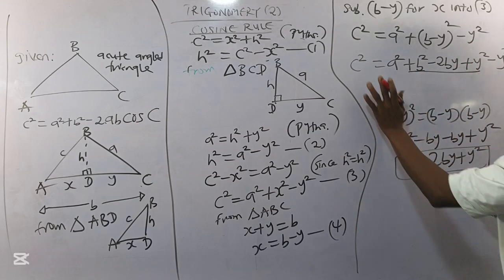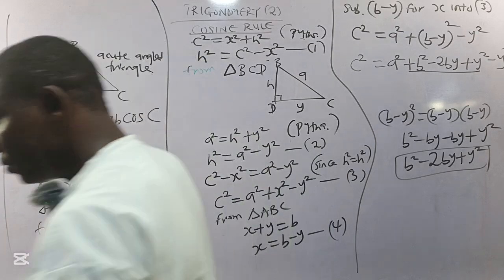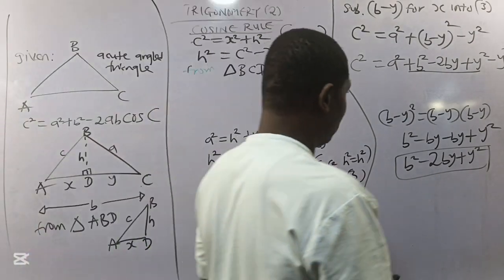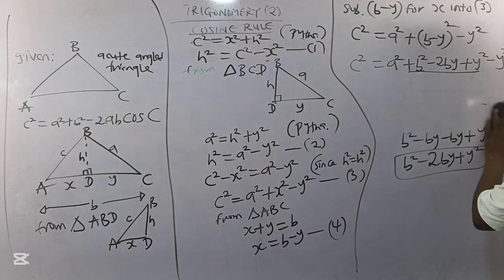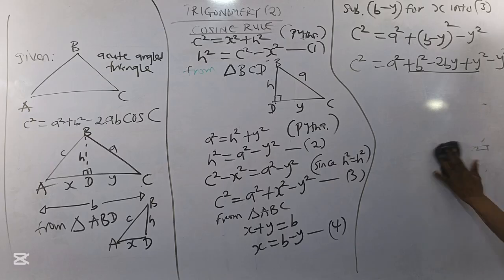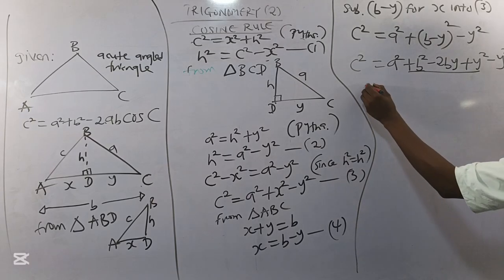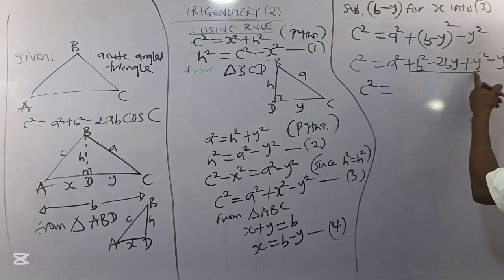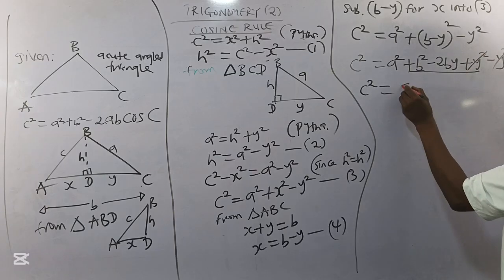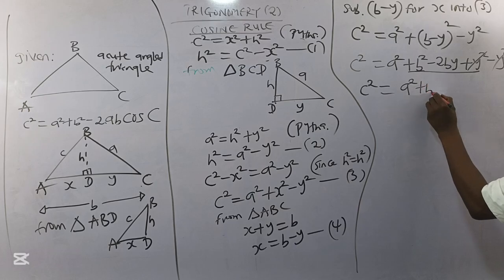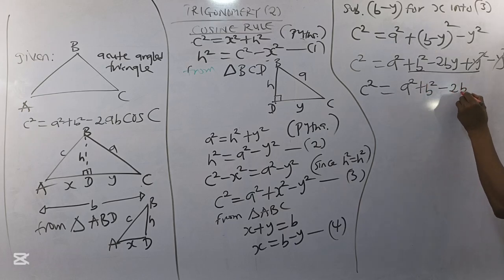Remember, so I can wipe this. So I have C squared equals plus Y squared minus Y squared, we cancel out to give me 0. So I therefore have A squared plus B squared minus 2BY.